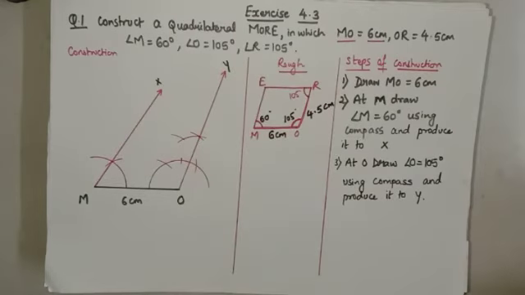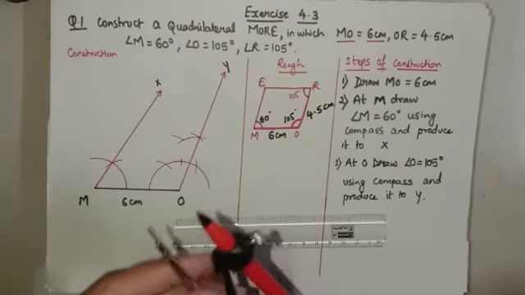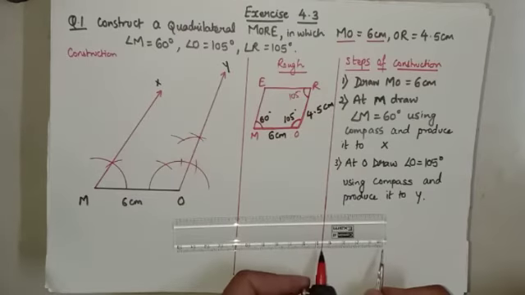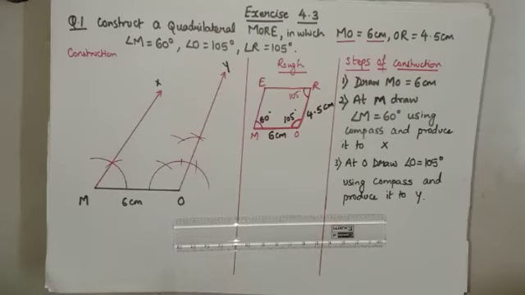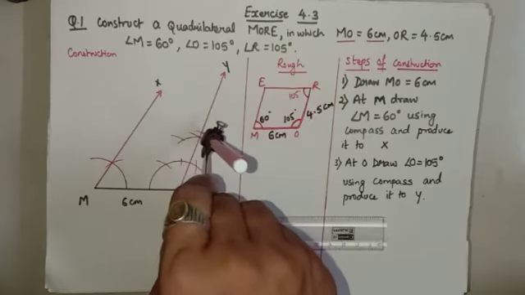Okay. So how to do this? See, we will use scale. We will use compass. Using compass, we will measure 4.5 centimeter, okay, and then from point O we will cut an arc on OY produced.